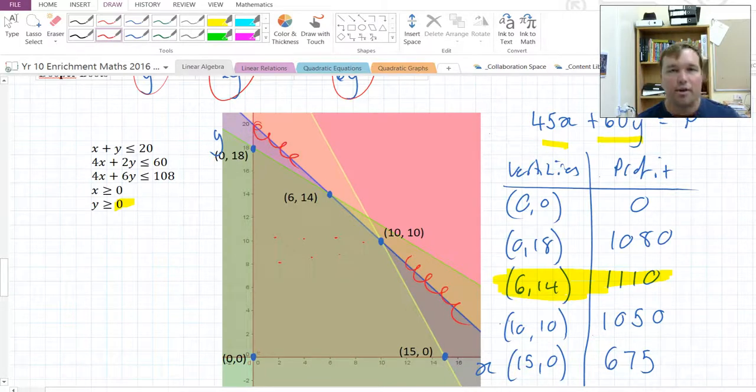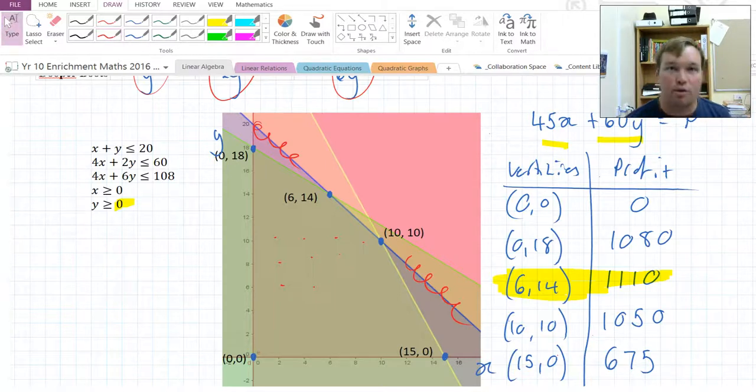That blue line represents the total number of boots adding up to 20. It doesn't make a lot of sense to produce fewer than 20 boots, hence why we aren't considering points down here. Similarly, it doesn't make a lot of sense to not use all the construction hours or the production hours. So we'd really want to find somewhere on a vertex, pushing all those constraints as far as we can to maximize the use of our resources in order to maximize our profit.